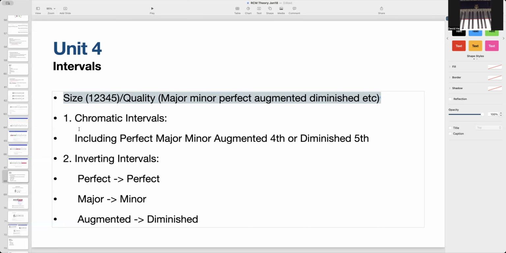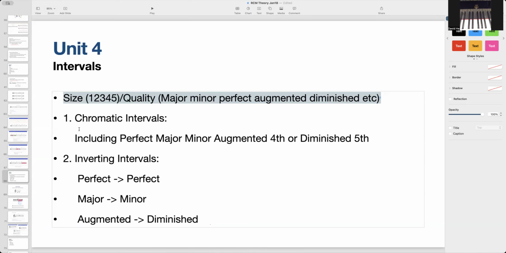The third part is musicianship, including sometimes ear training. That's what we're going to do today, just to test rhythm, sight reading and ear training.